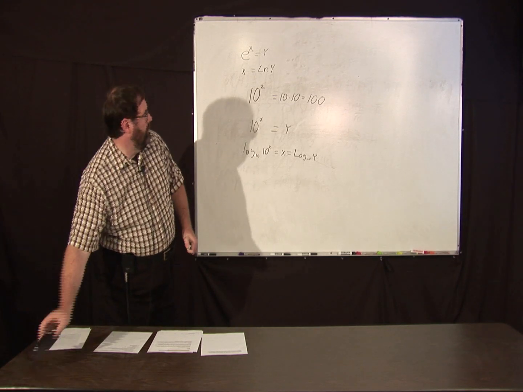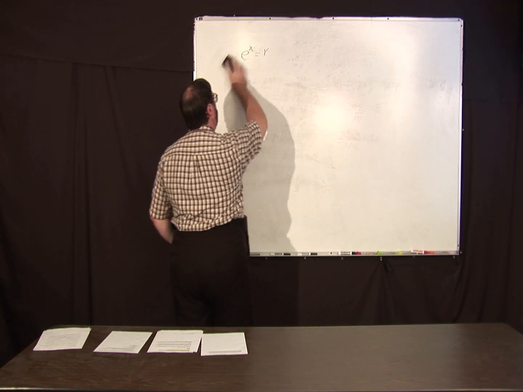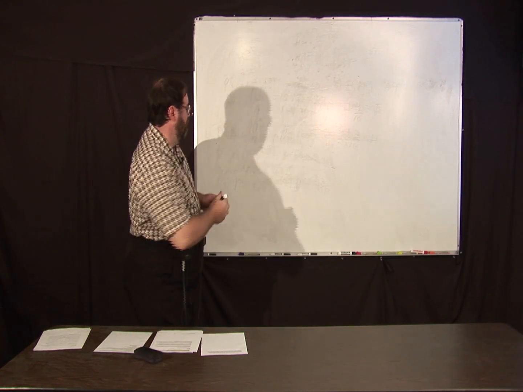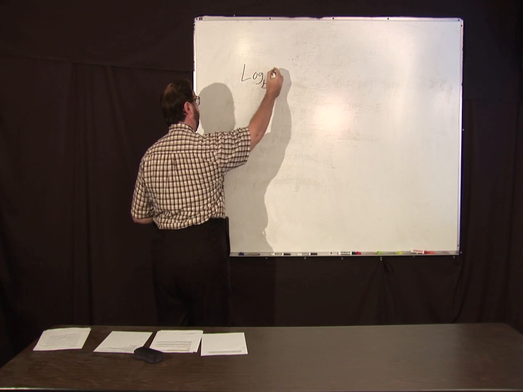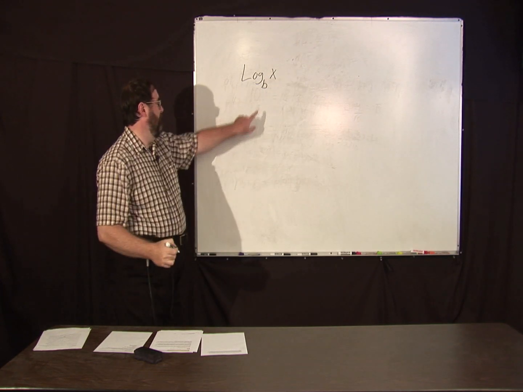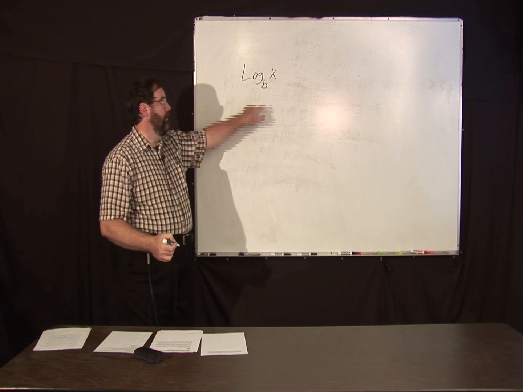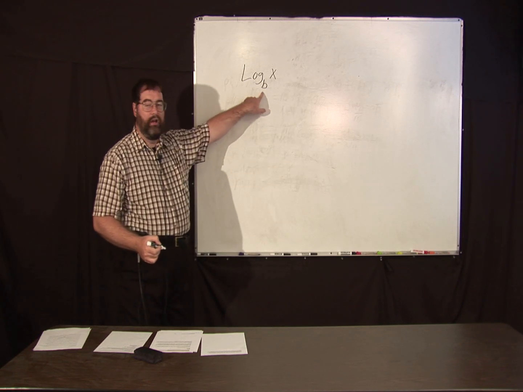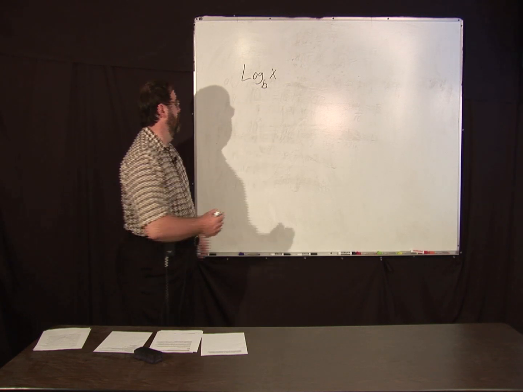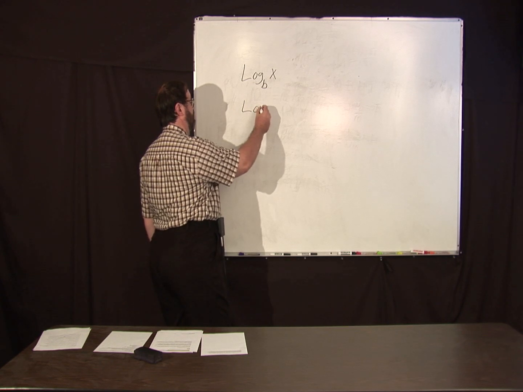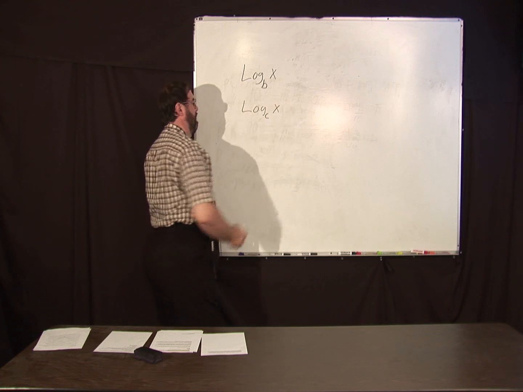Let's talk a little bit about some properties of logarithms. First of all, it's written log, with some number here called the base, of x. It could be 10, it could be e, it could be 2. In computer science, a lot of times you'll see log base 2. Well, if you have a log base b and you want to know what that is in log base c, how do you get that?